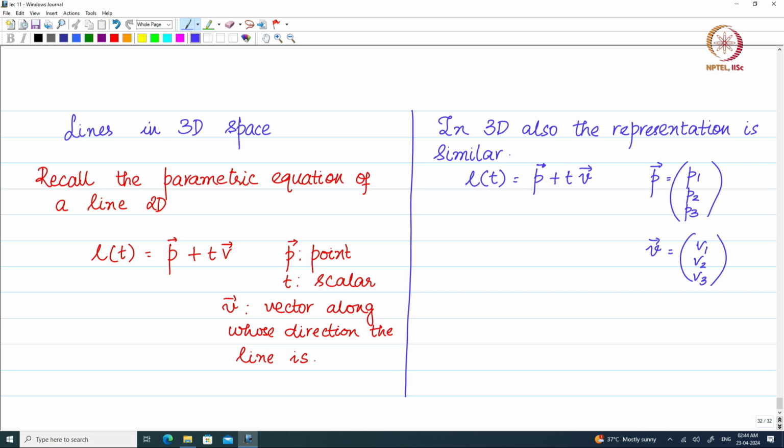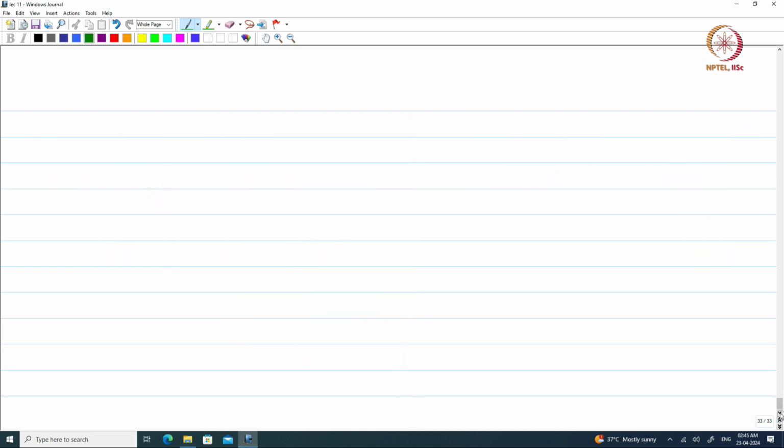Now let us look at this. For example, in 2D, if I want to figure out whether 2 lines intersect, what is it to say intersecting lines? We know that the point of intersection is basically that point which lies on both the lines. So, let us just look at that.